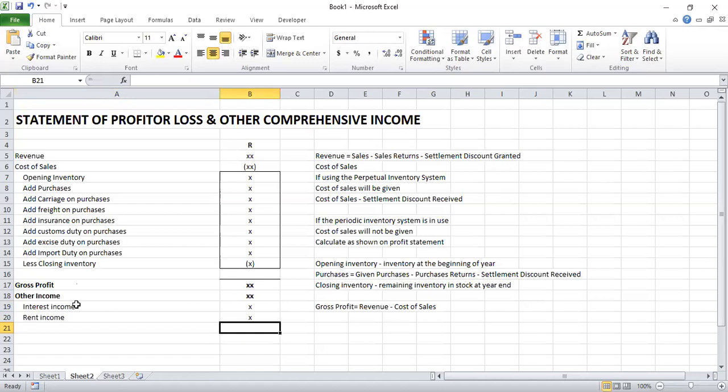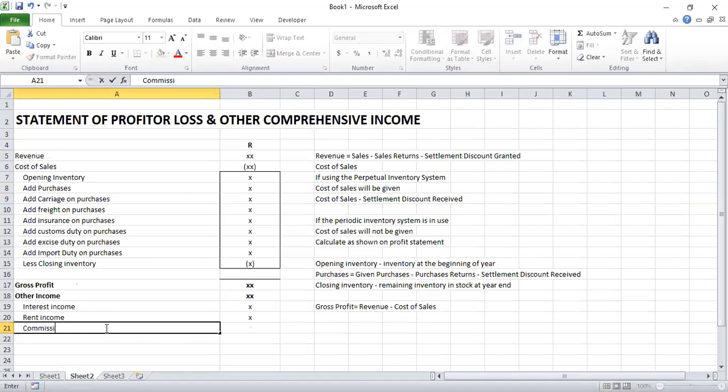Then it can rent out part of the premises and get some rent. So that will be income. Or maybe we also have businesses that actually run properties and then they earn rental income. But those which run properties, you would expect the rental income to be part of the revenue because that's their main income.